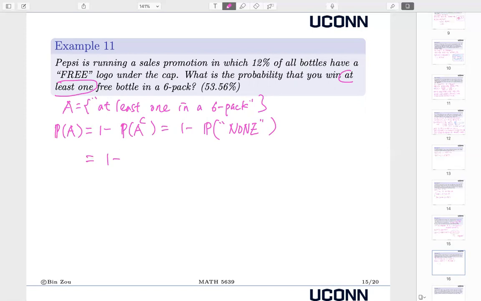We know there is 12% chance of seeing a free logo. So not seeing a free logo will be 88%. And you can assume each one is independent of each other. And you see 6 of them with no free logo. So you raise the power to 6, right? So that's what we do.